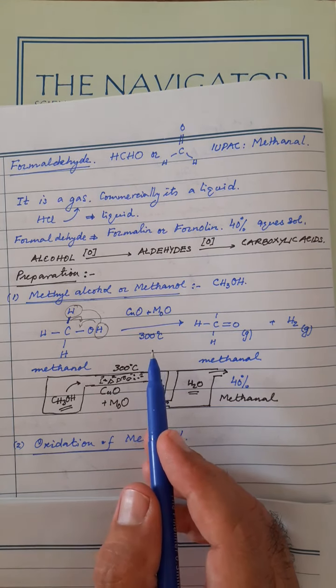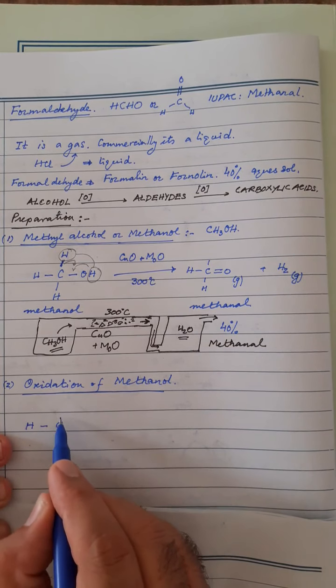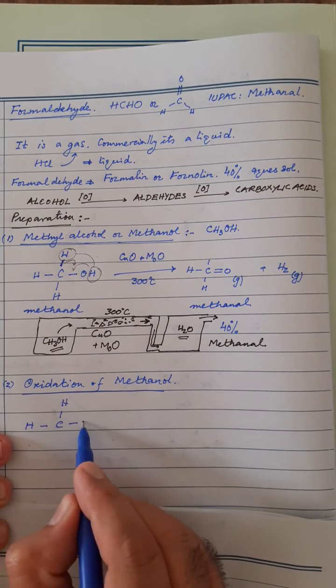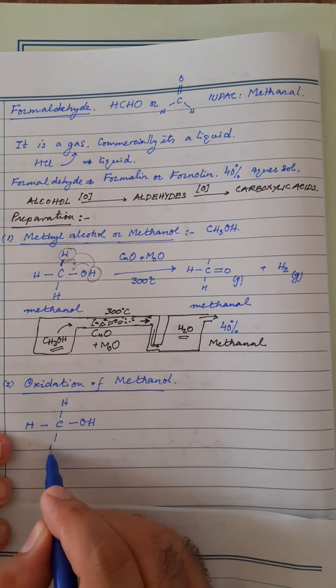This method is slow and can be used in the laboratories. It's more popular in the laboratories. HCH and OH. This is our methanol. When we add enough oxygen to methanol, how do we bring enough oxygen?